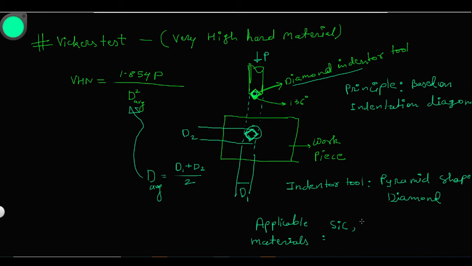Also tungsten carbide, titanium carbide, CBN and HCS. So this is about the Vickers test.